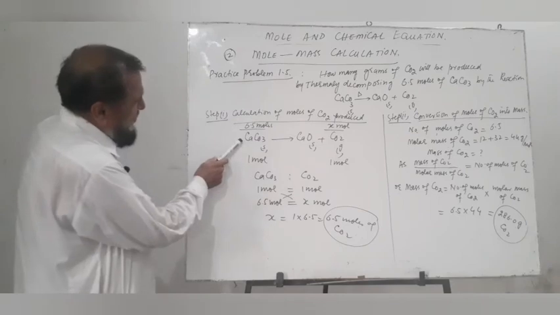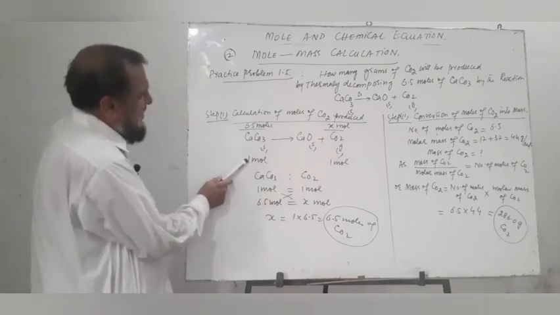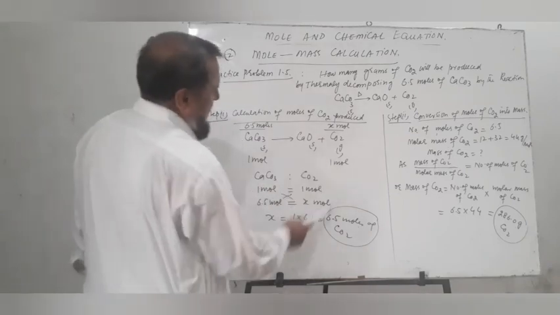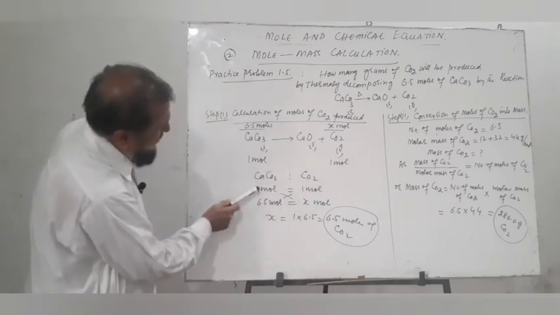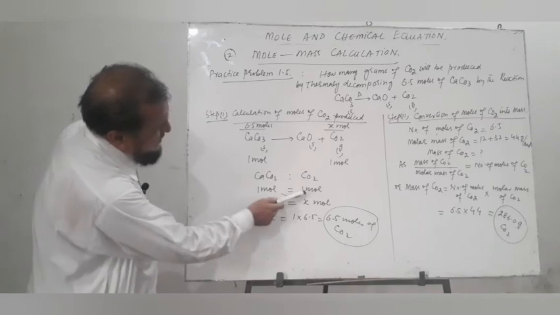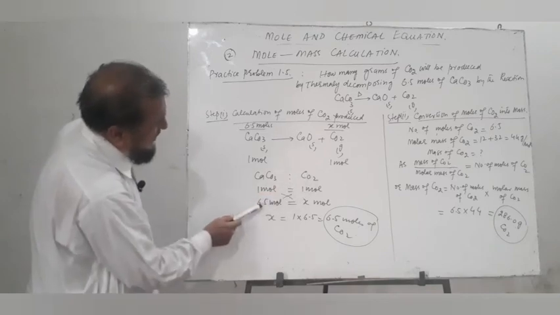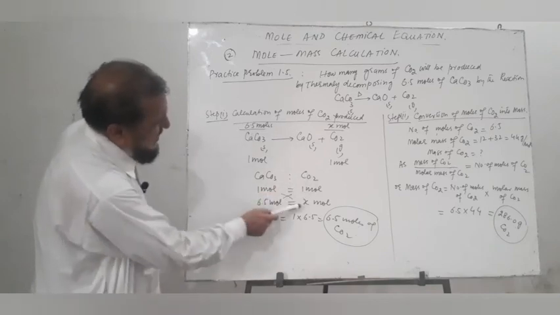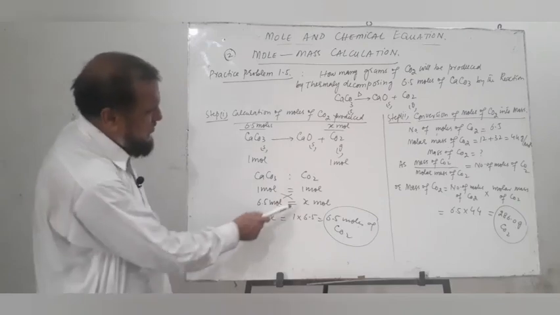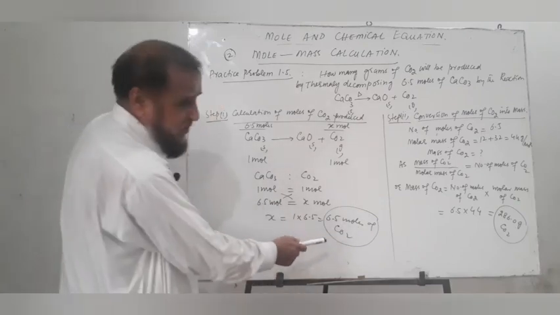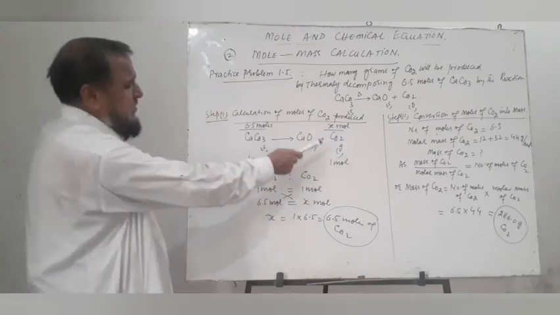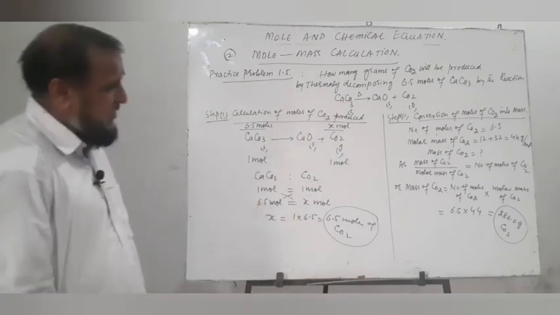From the balanced equation we know that 1 mole of calcium carbonate produces 1 mole of carbon dioxide. So 6.5 moles of calcium carbonate will produce x moles of CO2. Cross multiply, we get x is equal to 6.5 moles of CO2. Thus the number of moles of carbon dioxide produced will be 6.5.